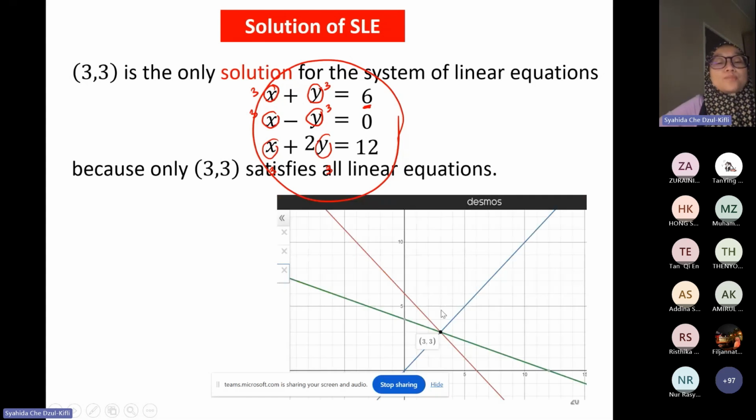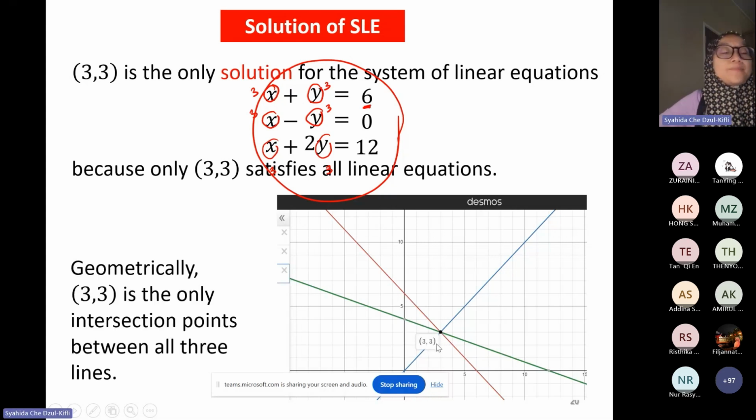But we may also see it geometrically. To see it geometrically, we draw all of these linear equations. So we have 3 lines to represent these three linear equations. And these 3 lines intersect at only one point, (3, 3). Therefore, geometrically, (3, 3) is the only intersection point between all 3 lines.